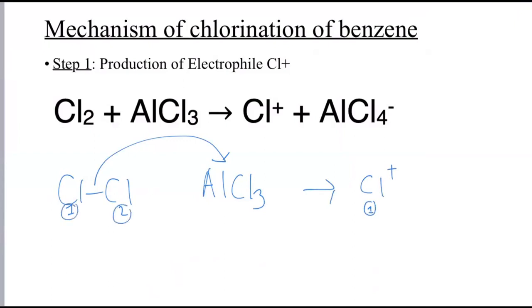Cl2 becomes Cl minus, and it is combined with AlCl3 to form AlCl4 minus. Please take note of that 4, because chlorine number 2 is added to aluminium chloride and gets the electrons, therefore becoming Cl minus. The species that we're interested in here is your Cl plus, which is the electrophile. I am loving this iPad actually.